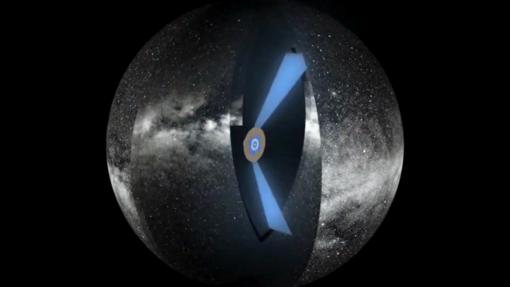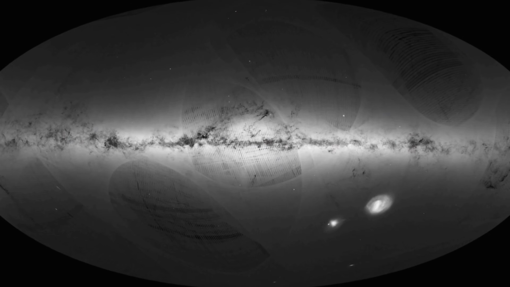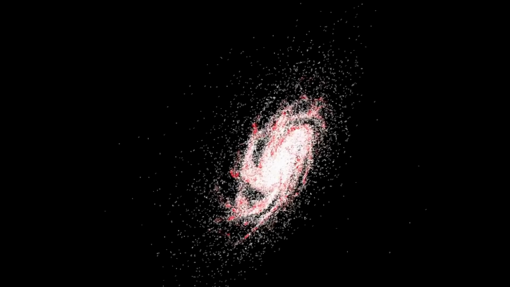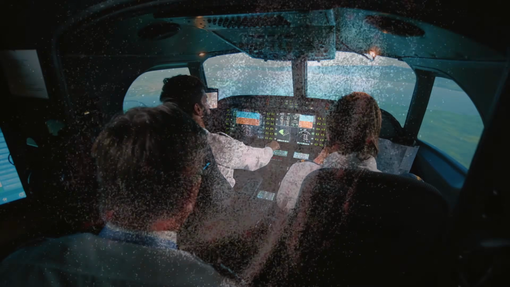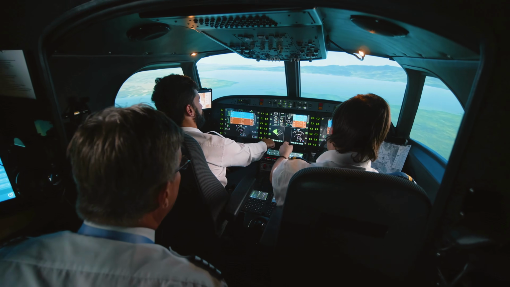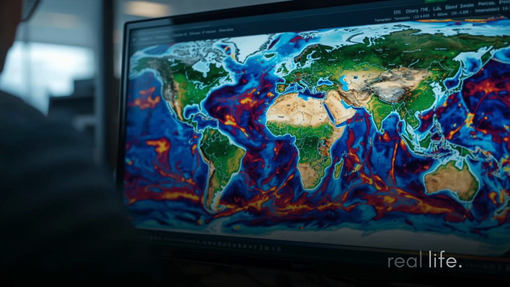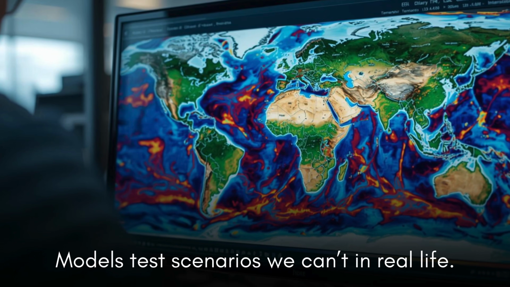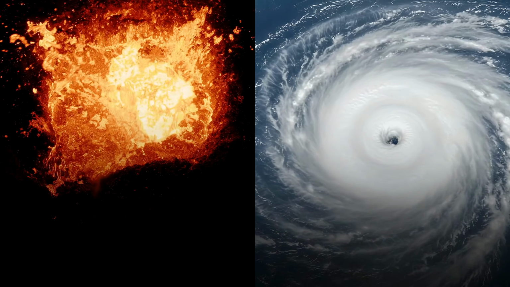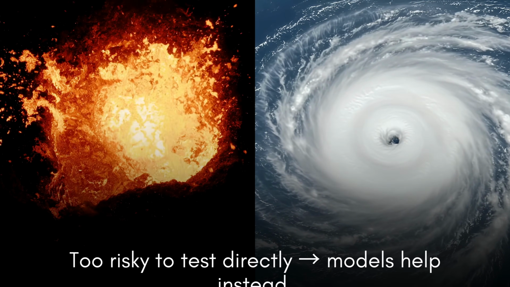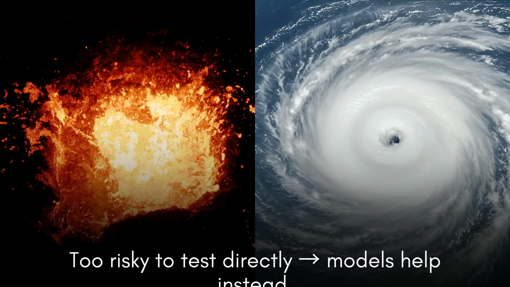Astronomers simulate galaxies to see how stars and black holes interact over billions of years. Pilots train on flight simulators that recreate real-world emergencies. These models are invaluable because they let us test scenarios that would be impossible, dangerous, or impractical in real life.